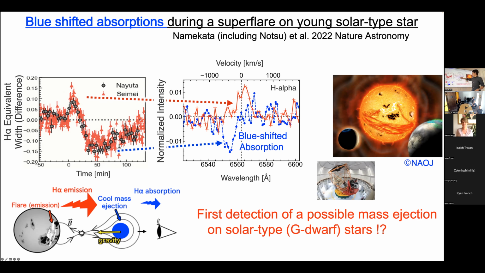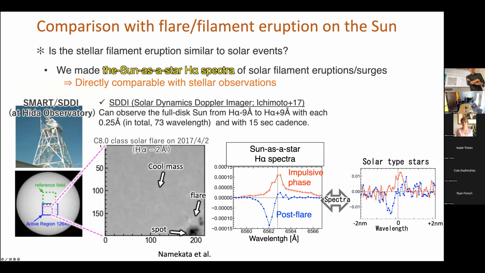Yeah. So this can be caused by this blue shifted absorption. And this line profile is very similar to the much smaller solar counterpart. In the case of the Sun, a similar H-alpha line profile is observed, so we use the solar data also.